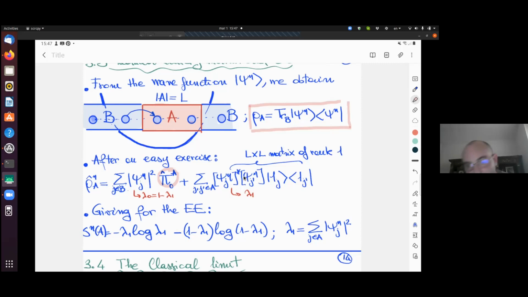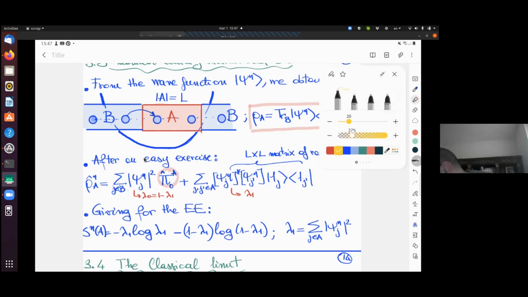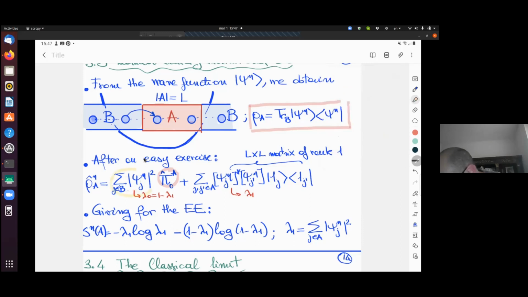So there are just two eigenvalues of rho A. One is the coefficient in front of this projector, the first eigenvalue, lambda 0, essentially the probability to not find any particle here. And since the other projector on the one particle state has rank 1, the eigenvalue is the trace of this matrix, and we call it lambda 1.